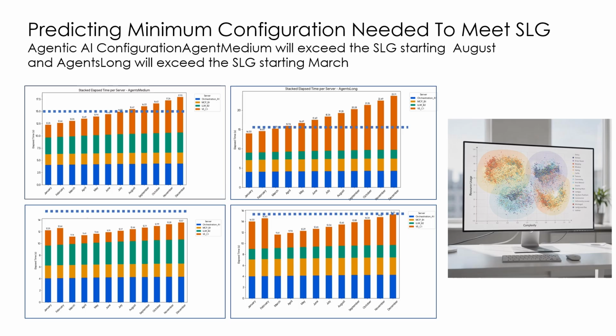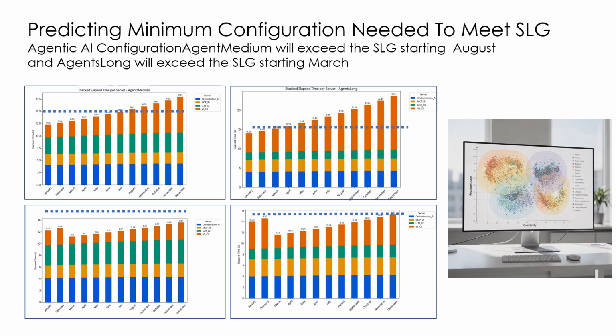This is an example of comparing the minimum configuration and cost needed to meet the business process service level goal during daytime, evening, and nighttime during the next 12 months. The first table shows the minimum configuration which is needed, and we can see that each platform can meet performance service level goals.